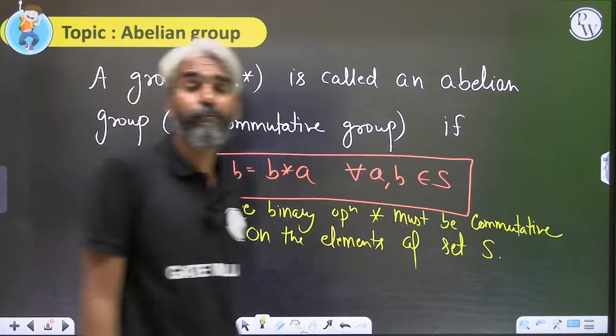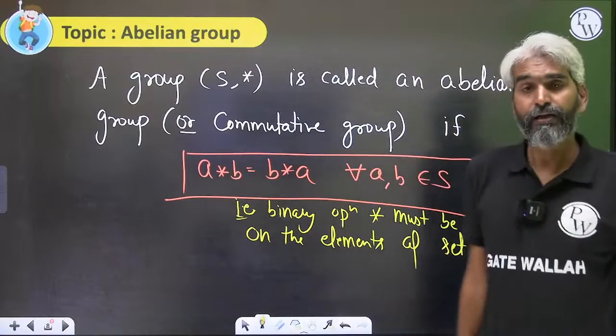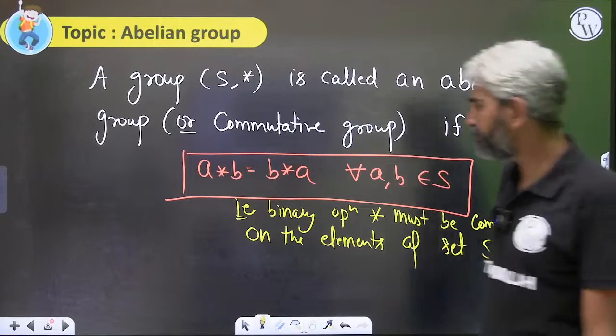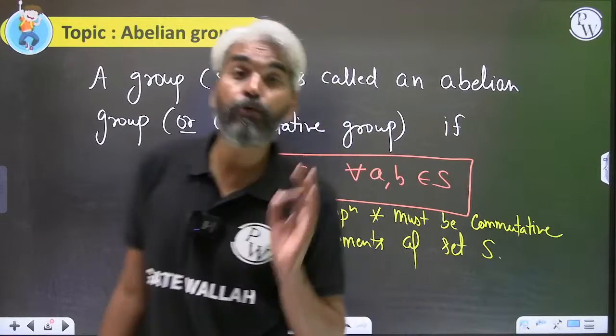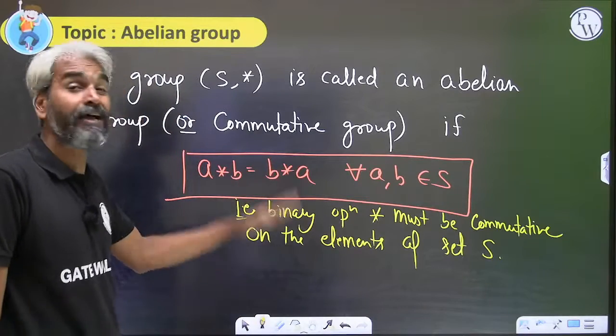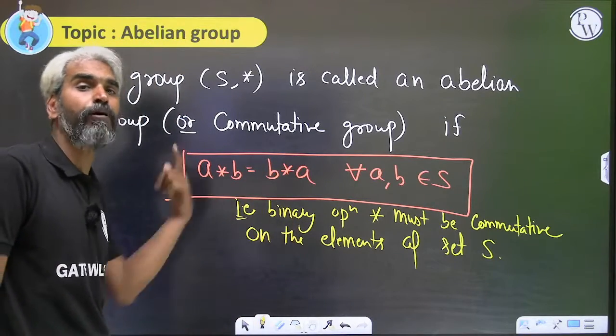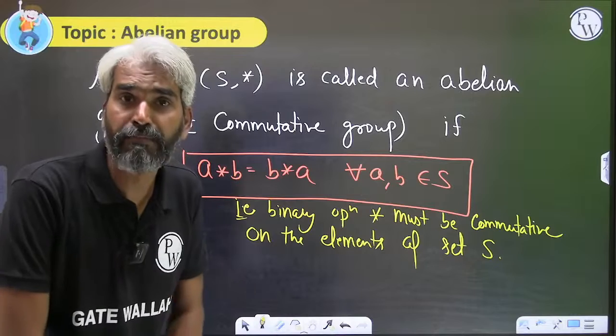See, associativity property depends only on the operation, whereas commutative property depends on the operation as well as on the type of elements on which the operation is being performed.